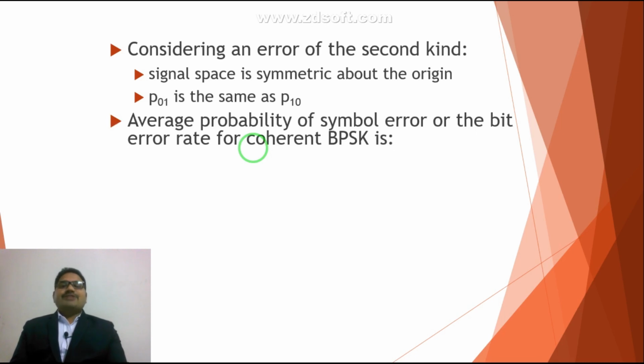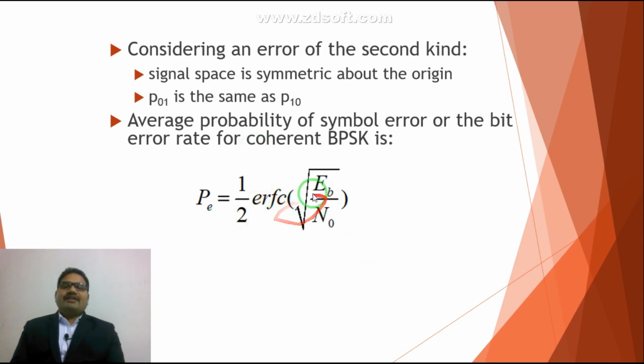So the average probability of symbol error is given by 1/2 erfc of square root of EB by N0. In your syllabus, there is no need to derive this expression.